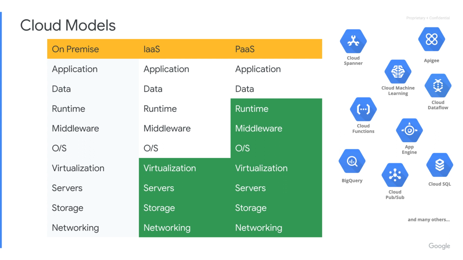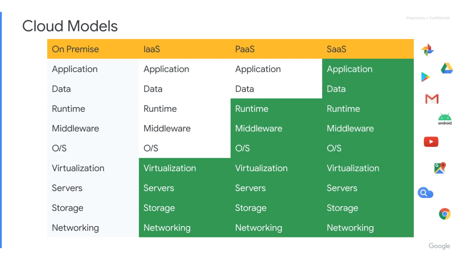So this is PaaS. And then finally, the SaaS model, software as a service, that lets the user focus only on the usage of the application itself. Popular software as a service products available from Google are, for example, Gmail, YouTube, Google Maps, G Suite, Search, and many others. Google has 9 products that run in a SaaS model with over 1 billion users each.